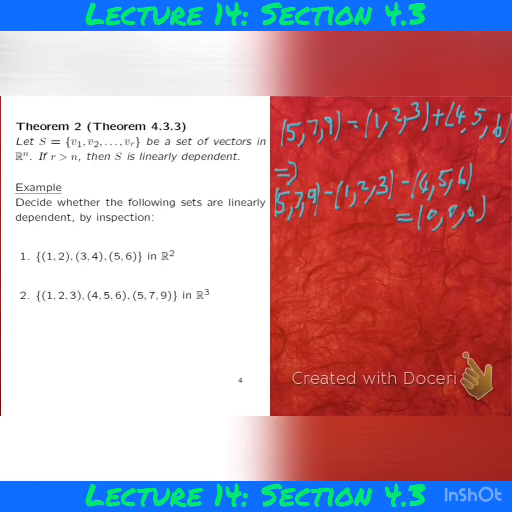So now, what are your k values? In this case, your k1 is 1, your k2 is -1, and your k3 is also -1.